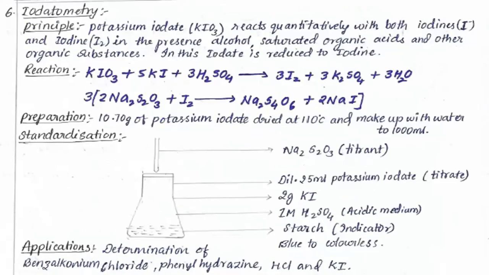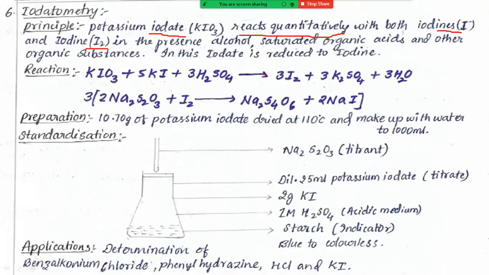And the final one is iodatometry. This is not iodometry, not iodimetry, but iodatometry. Why? Because here we are using potassium iodate. Potassium iodate is present, so that's why this is called iodatometry. This potassium iodate reacts quantitatively and forms iodine.